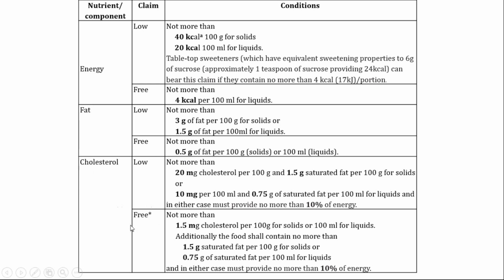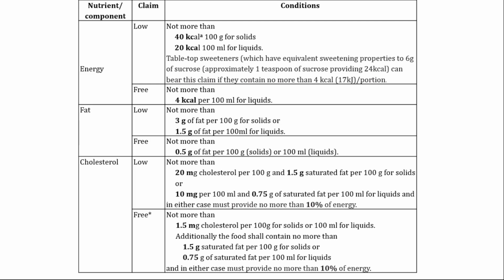Cholesterol, you can use the word free from cholesterol when the cholesterol is not more than 1.5 milligrams, and additionally it should not contain more than 1.5 grams of saturated fat. So you can see most of the vegetable oils were being advertised as cholesterol free, but they all had saturated fats and oils in them.